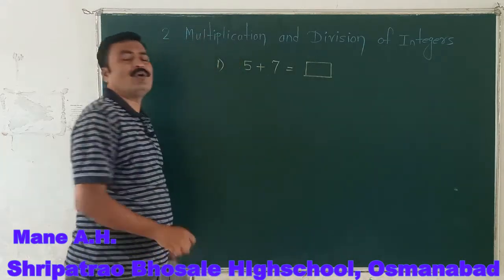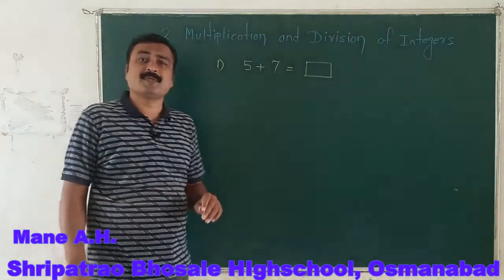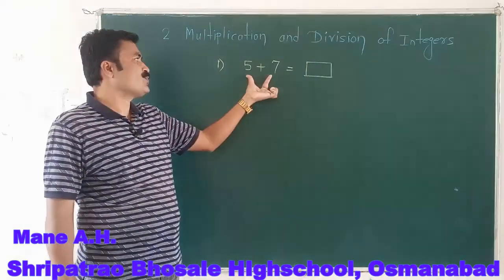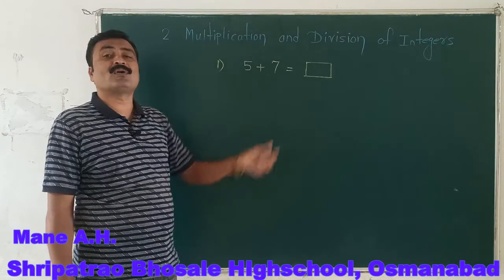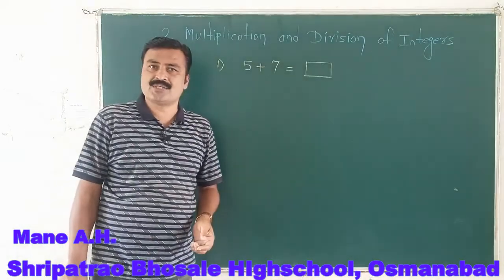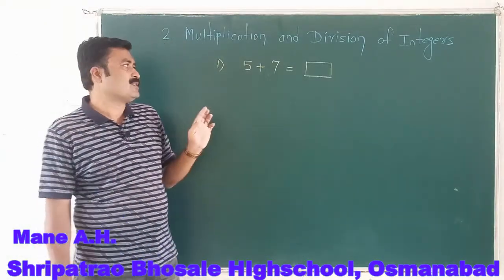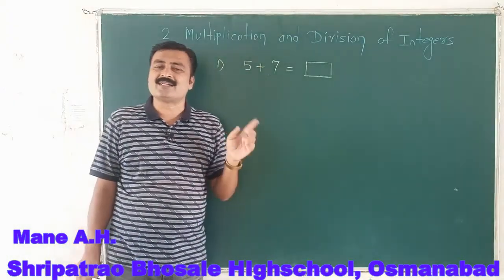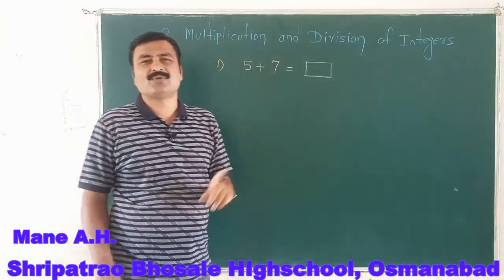Now if you observe this addition 5 plus 7, the sign between these two integers is used for the basic operation of addition. While representing this example, 5 is a positive integer and 7 is also a positive integer.